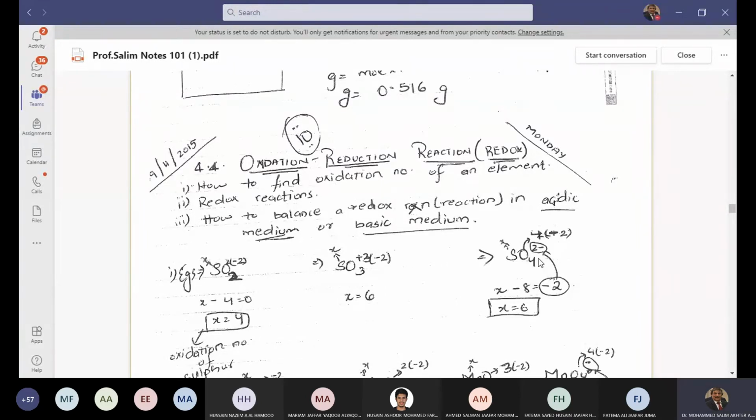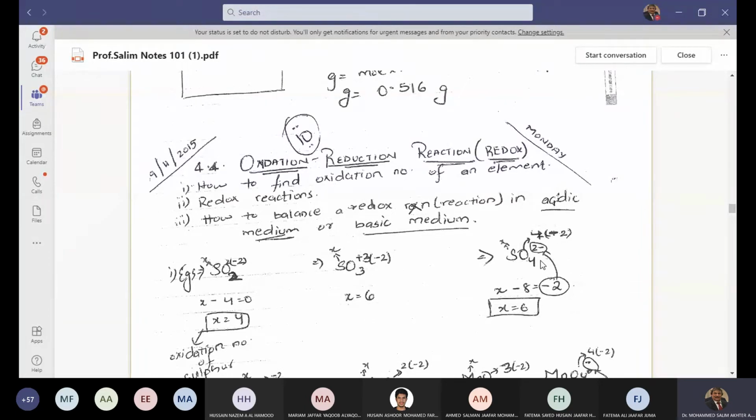SO2, sulfur dioxide. SO3, sulfur trioxide. And SO4 2 minus. This is in your sheet, in your polyatomic ion sheet, chapter 2.